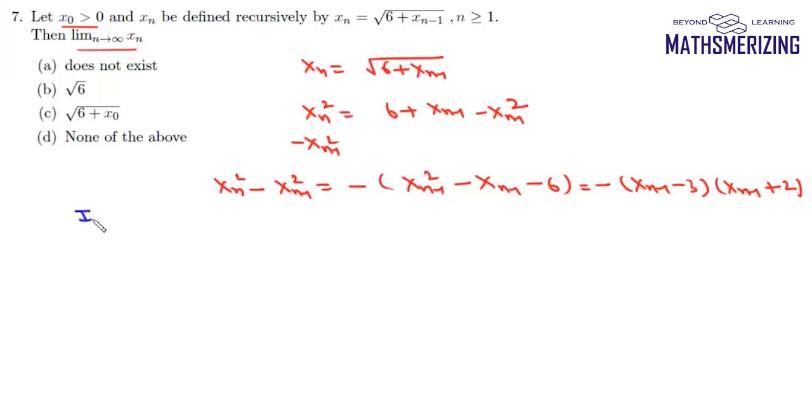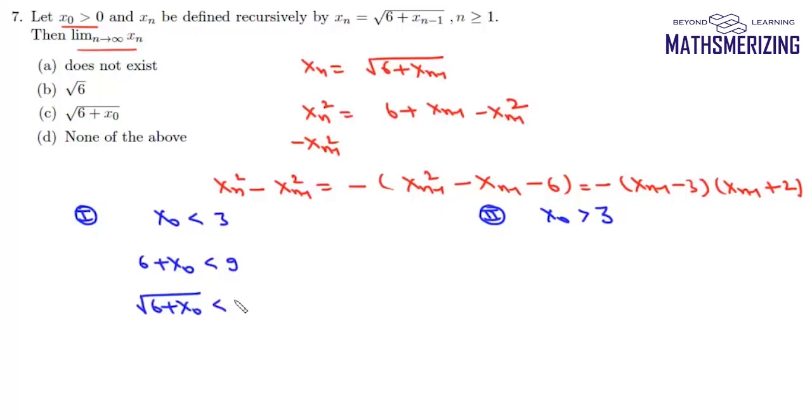Case 1, if x naught is less than 3, and case 2, if x naught is greater than 3. Now if x naught is less than 3, then if we add 6, we'll write 6 plus x naught will be less than 9. That is under root of 6 plus x naught will be less than 3.